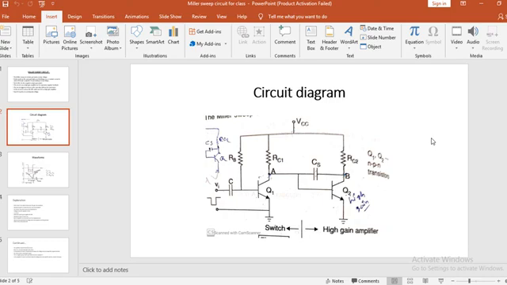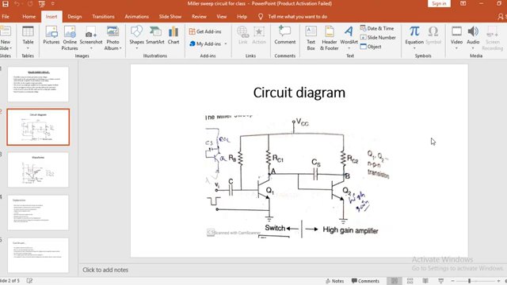The potential of point B now starts decreasing to 0. But because of the presence of the capacitor Cs, the voltage at point B, that is Vb, will not come down instantaneously, but very gradually. So as Va is increasing gradually, simultaneously Vb is decreasing gradually.